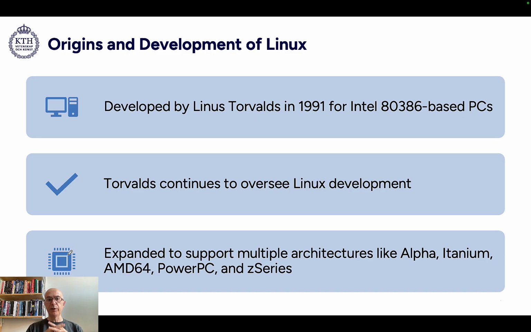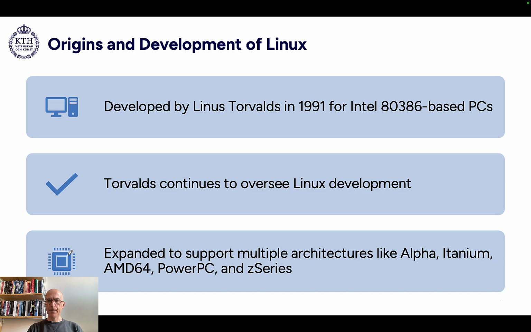Let's look at the origins and history of Linux. Linux was originally developed by Linus Torvalds in 1991 for the Intel-based processor. It's important to know that Linus Torvalds continues to oversee all the Linux development. Throughout all the years, Linux expanded to support multiple architectures, for instance, like Alpha.